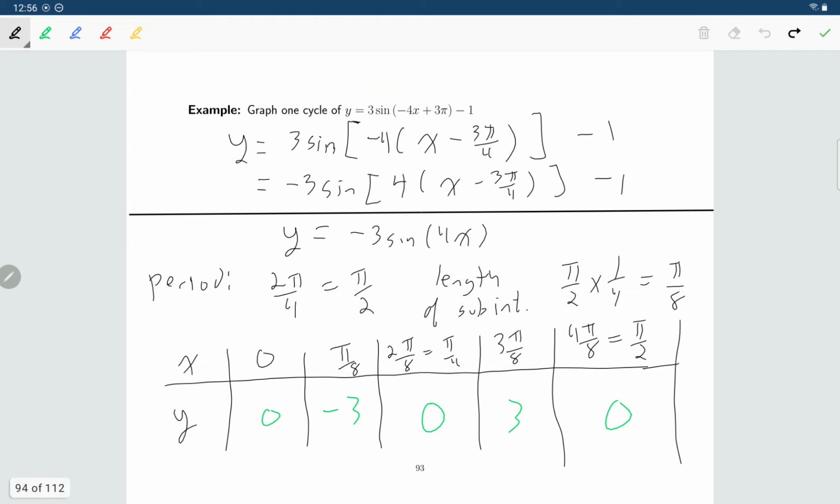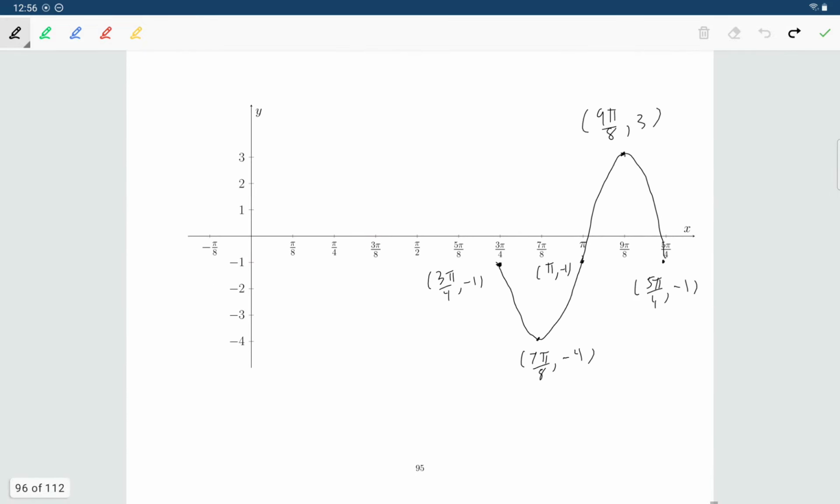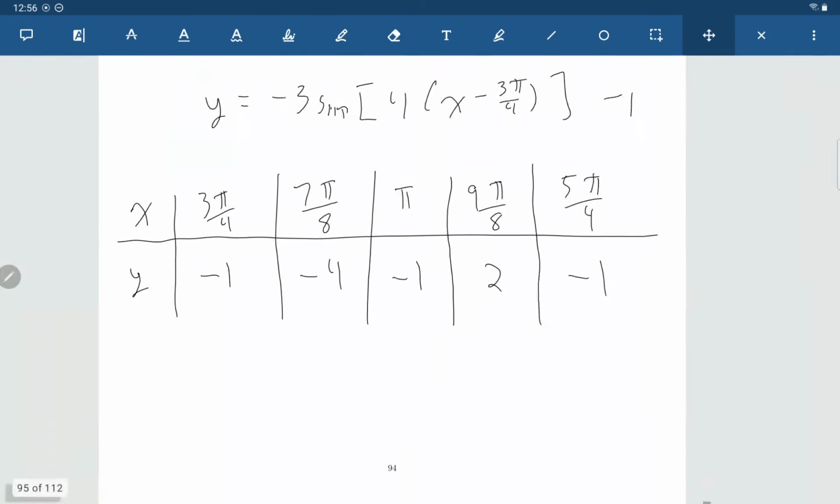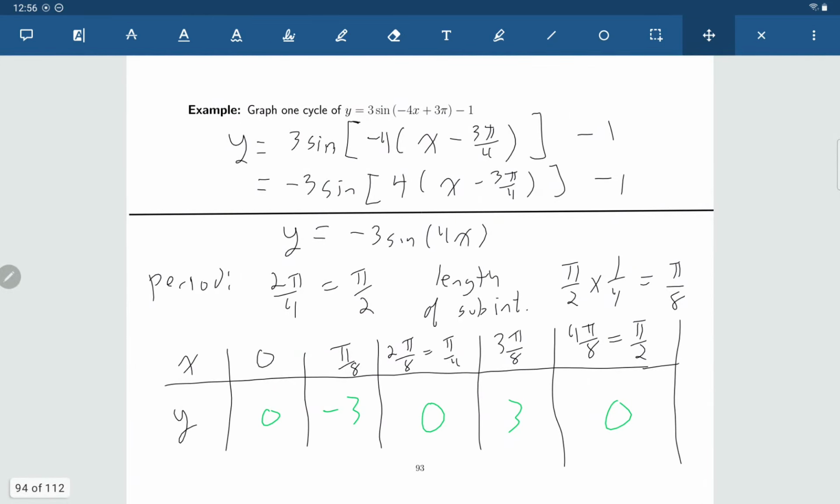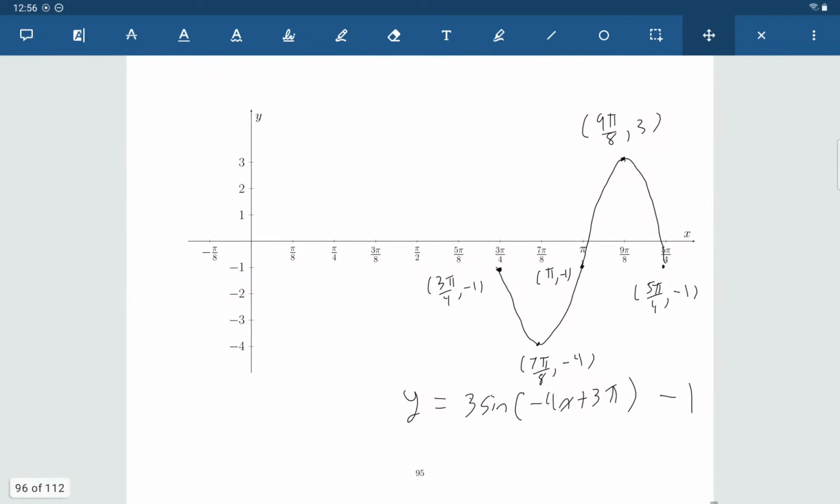I'm going to go with the original one here. So that's 3 sine of -4x plus 3 pi, and then -1. And there we go, just double checking that I've got the correct equation. 3 sine of -4x plus 3 pi, minus 1. Yes, I do. Good, so it's been labeled, and all the important points have been labeled, and there we go. That is the one cycle that I was hoping to graph.